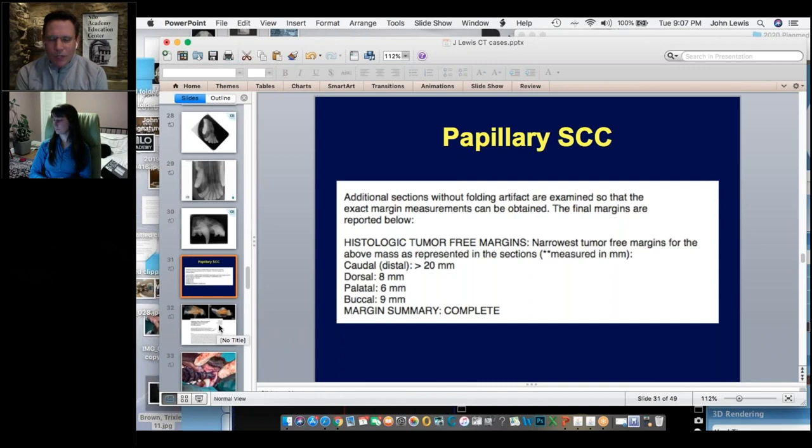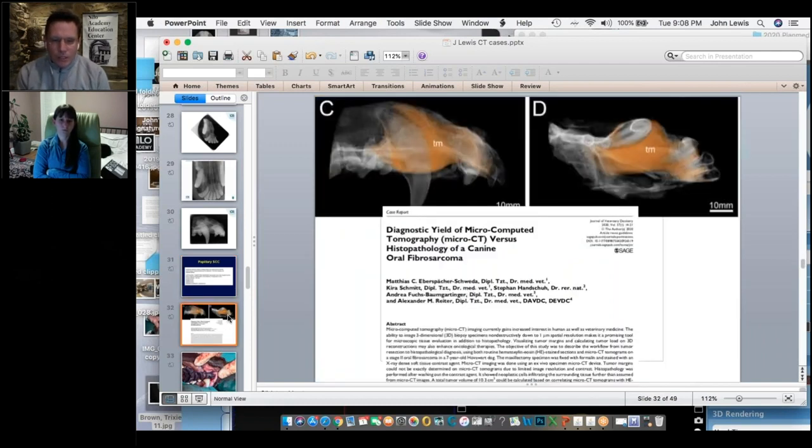So those of you who have a cone beam and a resident, or if you're in a position to be able to do some of this research, I think there's a lot of low-hanging fruit in that regard, as Steve had mentioned, there's not a lot out in the literature right now. There is one study that was recently published in the Journal of Veterinary Dentistry that talked about micro CT for assessment of a dog with, I believe, a fibrosarcoma.